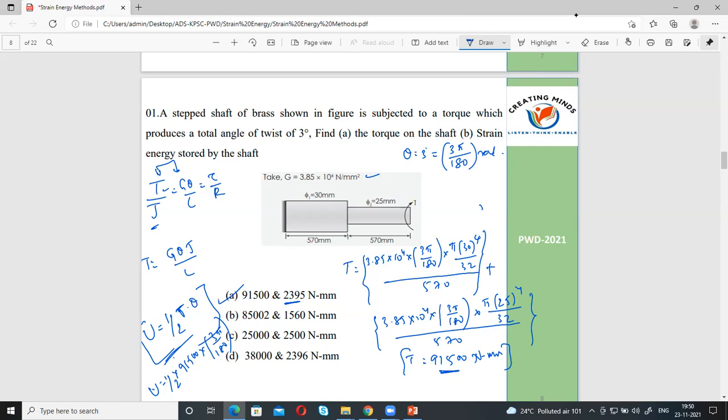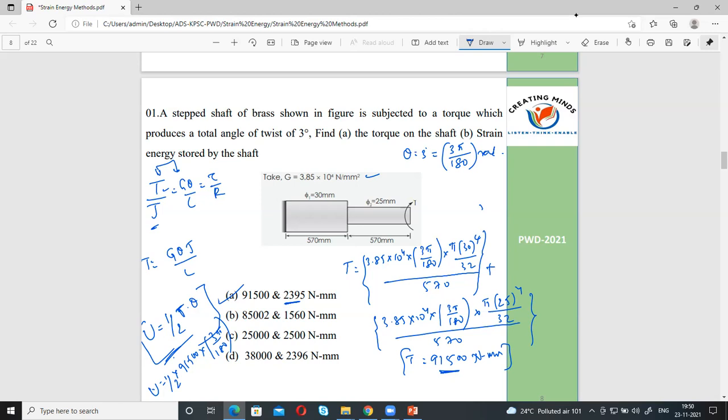J is polar moment of inertia. For polar moment of inertia, you know that I by y, which is Z, the section modulus. Clear? That is polar moment of inertia.